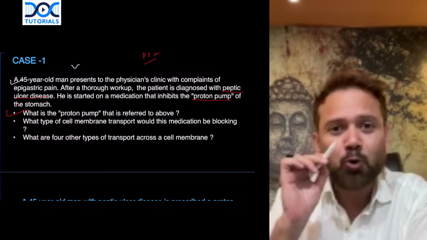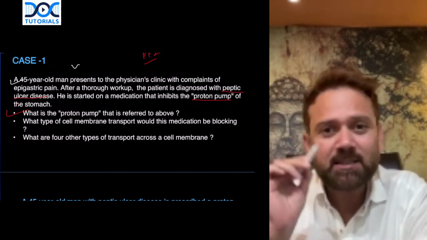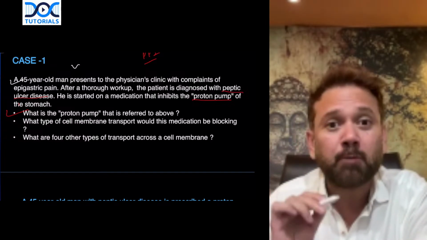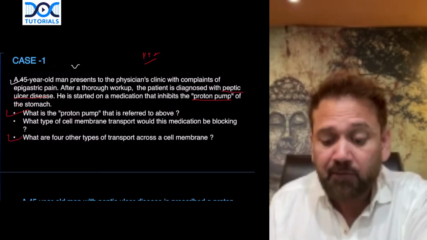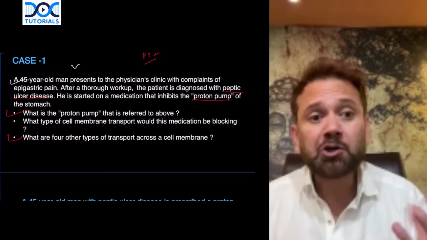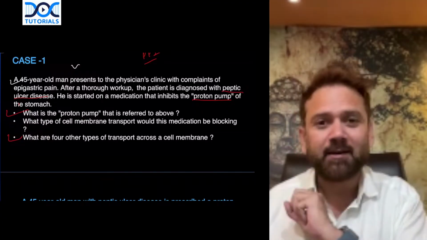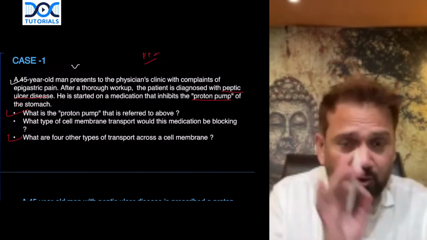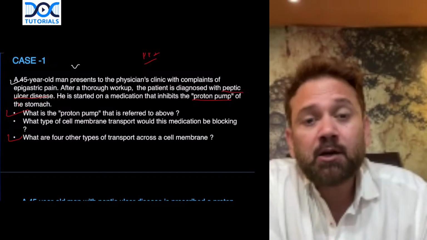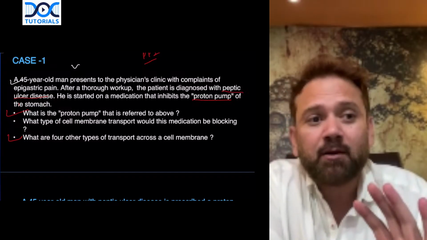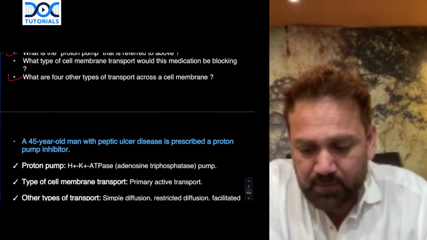So where is this proton pump which is blocked by this proton pump inhibitor? And what are four other types of transport across the cell membrane? This question is from general physiology, transport across the cell.